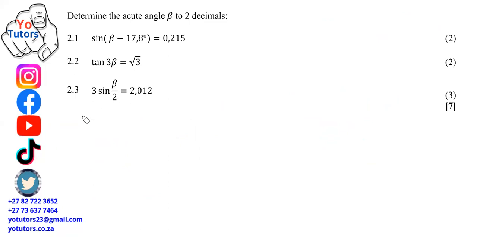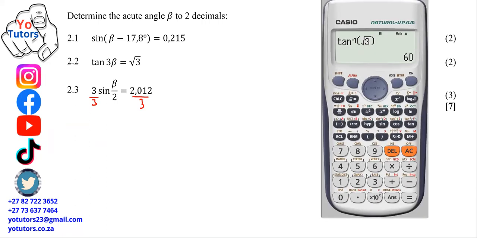The last one here is 3 sine of beta over 2 equals 2,012. Let's solve it from there. What you're going to do here is divide by 3 first. We need to get rid of the 3. So you're going to say 2,012 divided by 3.